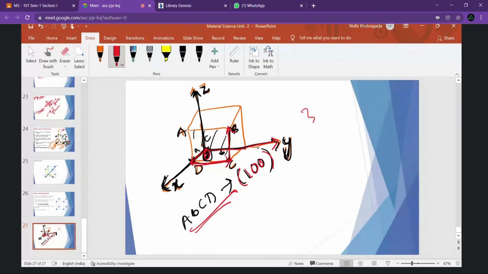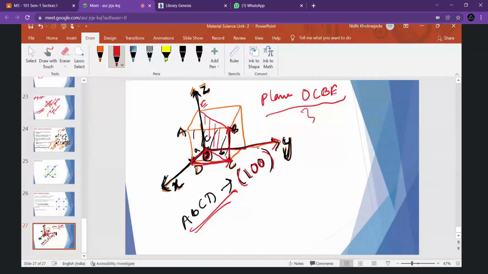Suppose the plane is this one, the plane O, C, B, E. So we are considering another plane in the same unit cell.